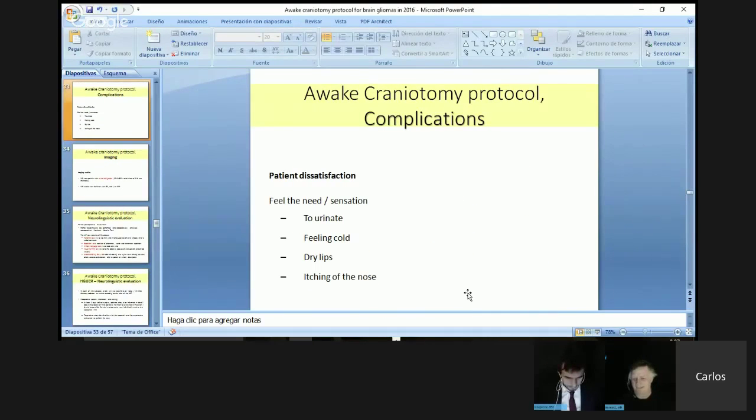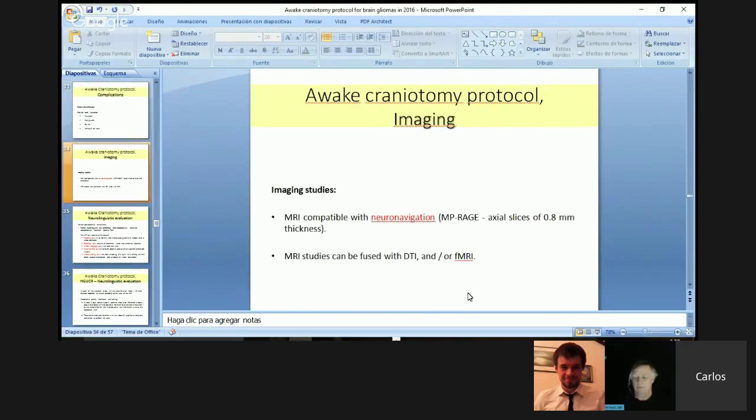And the other important thing is patient dissatisfaction, because of the need or sensation to urinate, feeling cold, dry lips, itching of the nose, which will alter the intraoperative neuromonitoring.